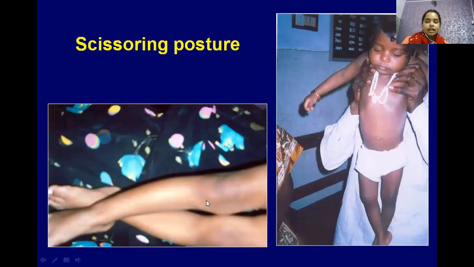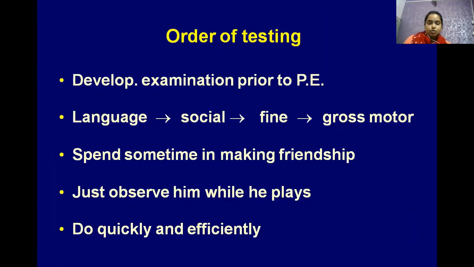Children with Caesar legs are unable to stand up on their feet. The order of testing is developmental examination prior to physical examination. Language, social, fine and gross motor skills are assessed, and sometimes time is spent in making friendship. Just observe him while he plays. Do it quickly and efficiently.